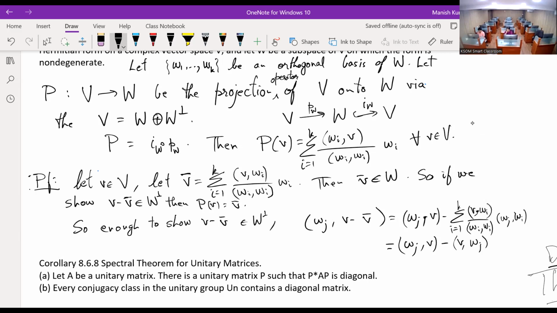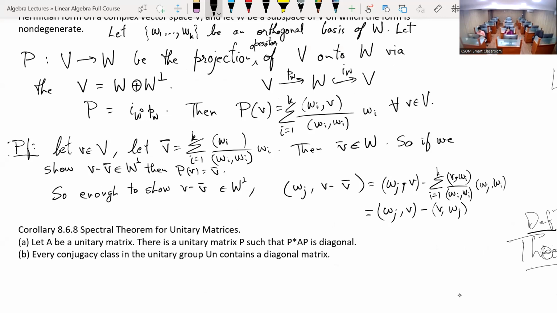For symmetric it doesn't matter, but for Hermitian it matters how you write it. So it should be wi comma v.